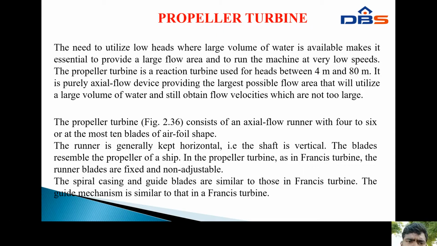Propeller turbine: the need to utilize low head where a large volume of water is available makes it essential to provide a large flow area and to run the machine at very low speeds.